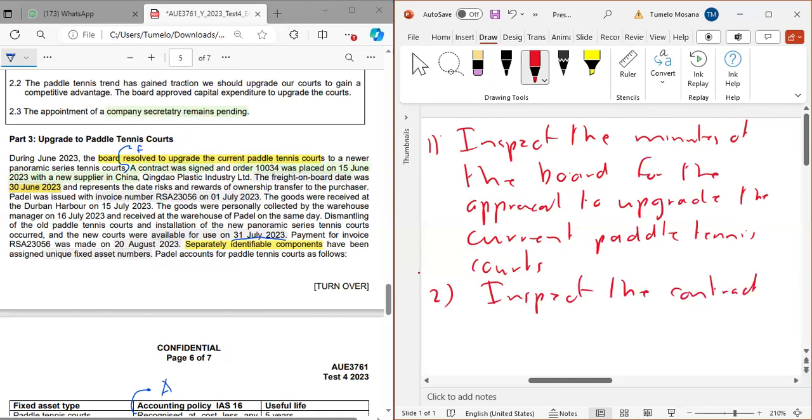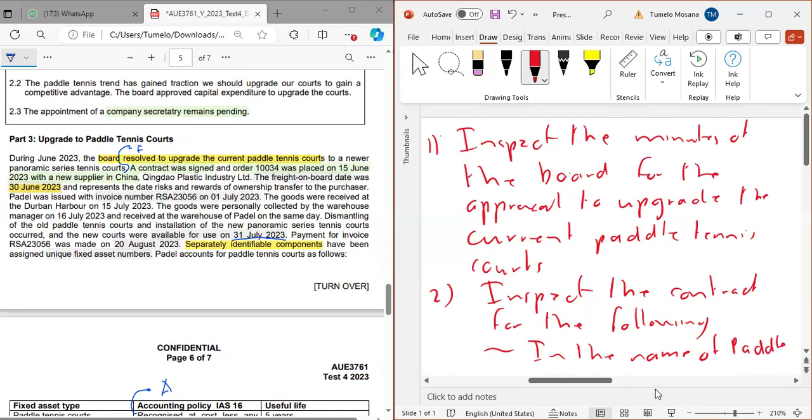Why would you inspect the contract? You would want to ensure that the contract is in the name of Pedal. You would inspect the contract for the following: that it is in the name of Pedal.